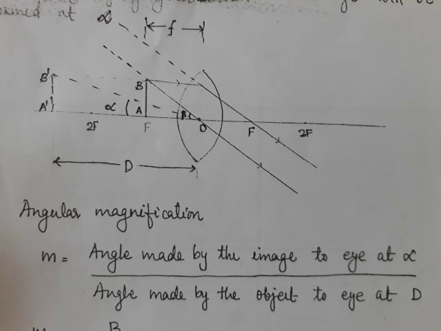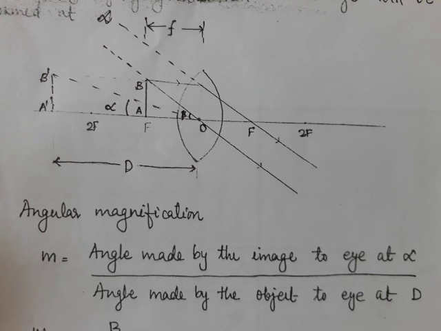That is a particular case which is also possible with the help of a convex lens, because if you keep the object at the principal focus of the convex lens, you get the image at infinity. So in that case you can view the image in a very relaxed way. A simple microscope or convex lens can produce the image at two different places for our importance.